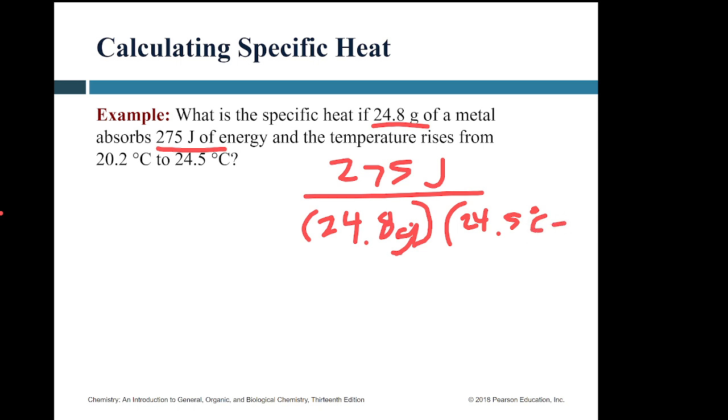And then that's going to be minus the 20.2, and I ran out of space. Can everybody read that? Okay. And that entire thing is on the bottom, isn't it? Yeah. And so, notice that we're going to end up in joules over grams degrees Celsius, which is our units.